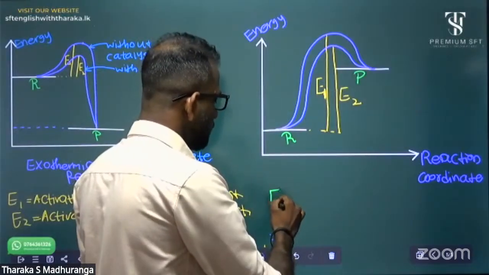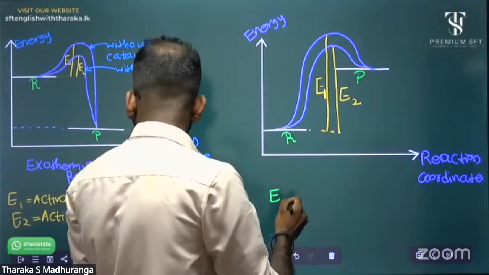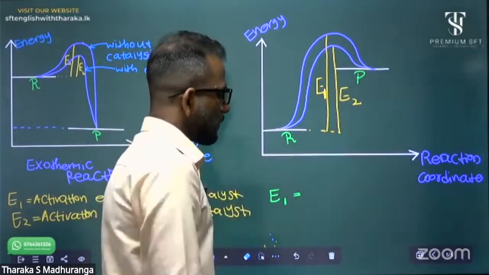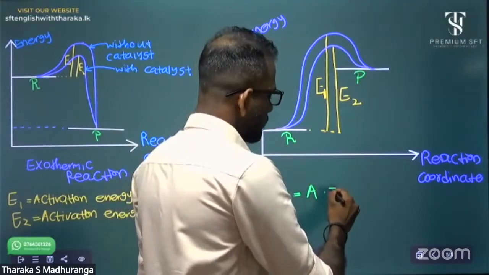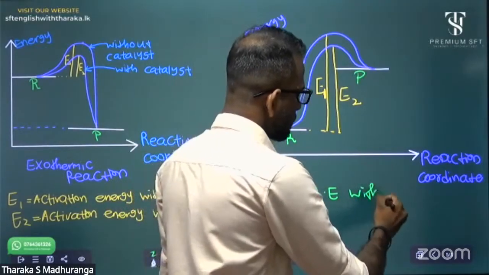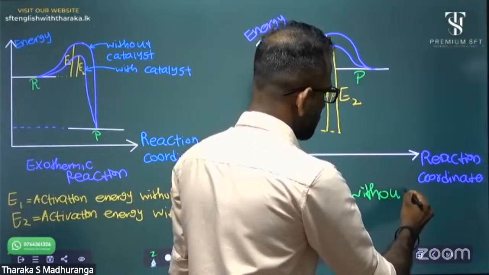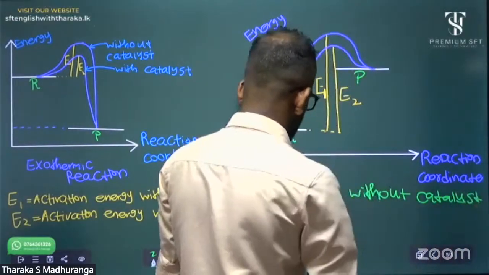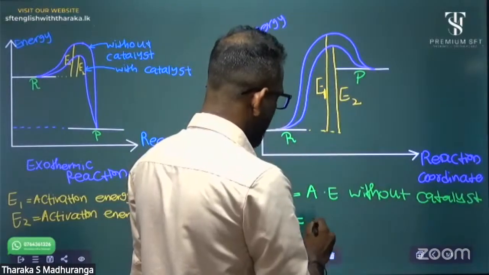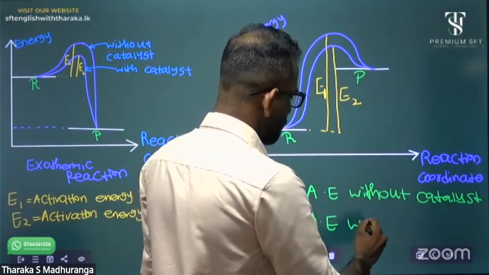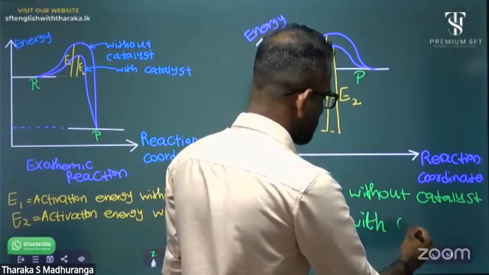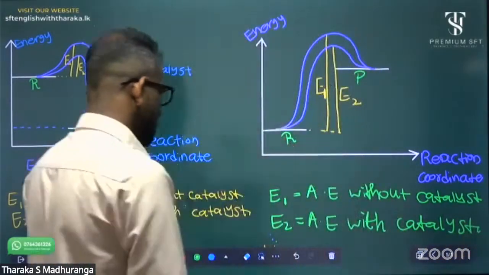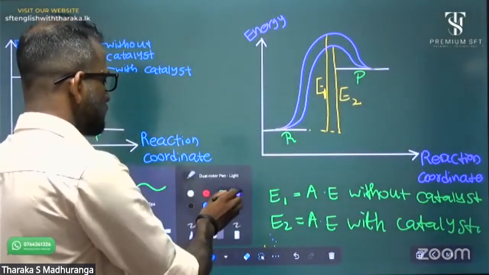Then E1 means activation energy without catalyst. E2 means activation energy with catalyst.